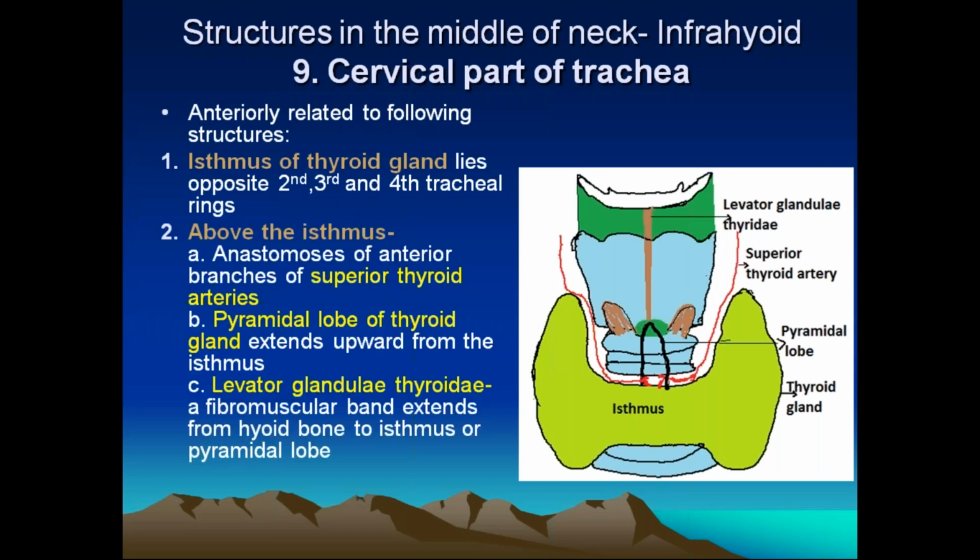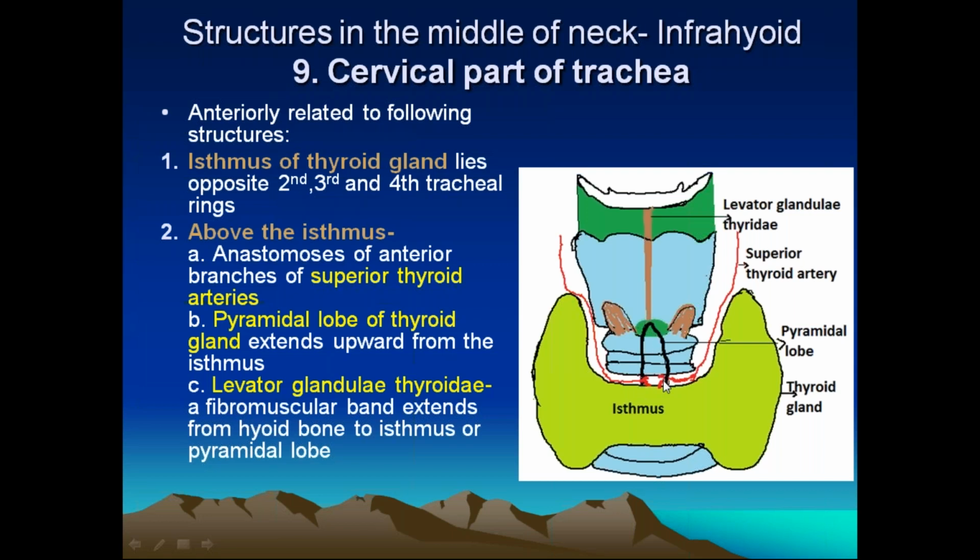Okay, so above the isthmus, you can see numerous structures. The first one is the superior thyroid artery, which is a branch of the external carotid artery. The anterior branch of the superior thyroid artery anastomoses above the isthmus with its opposite anterior branch, and it forms an anastomosis here. And you can see an extension from the isthmus.